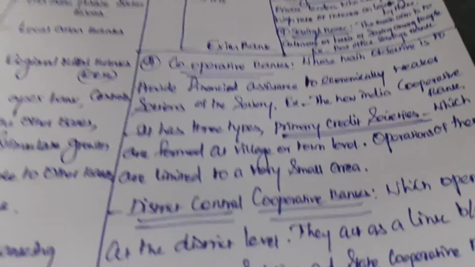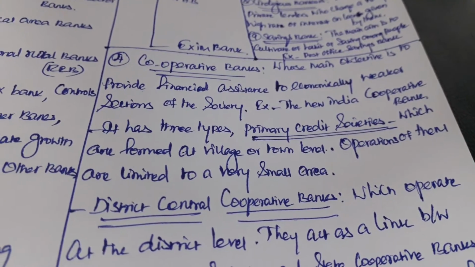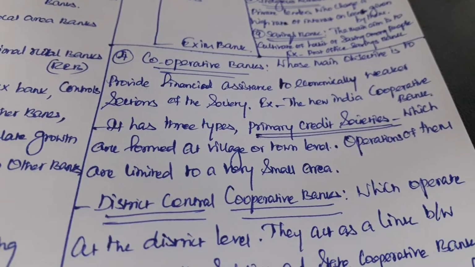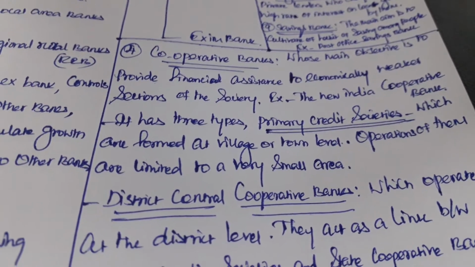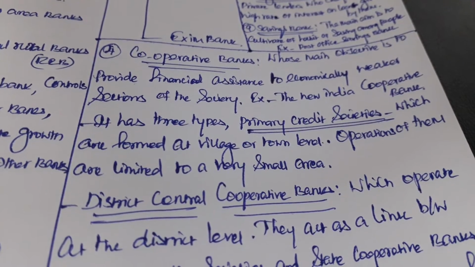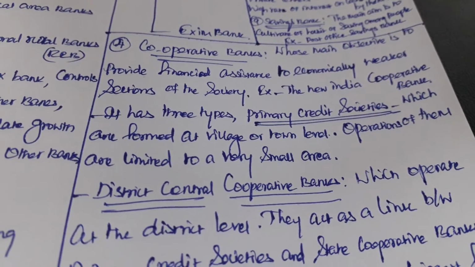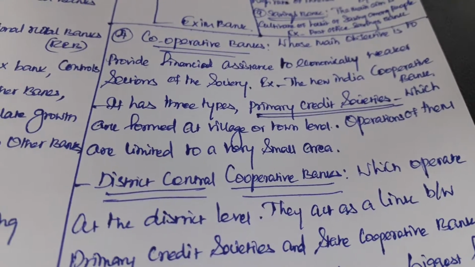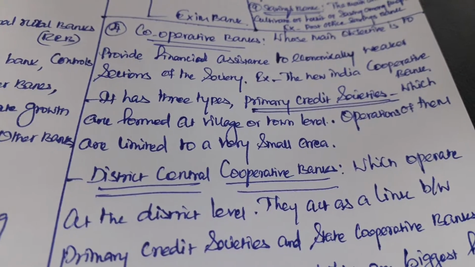The next sector is cooperative banks, whose main objective is to provide financial assistance to economically weaker sections of the society, especially in the rural areas and small scale industries. Example, the New India Cooperative Bank. It has three types: primary credit societies, which are formed at a village or a town level.